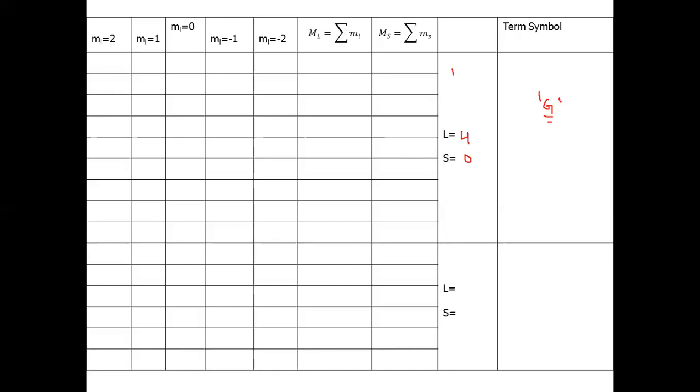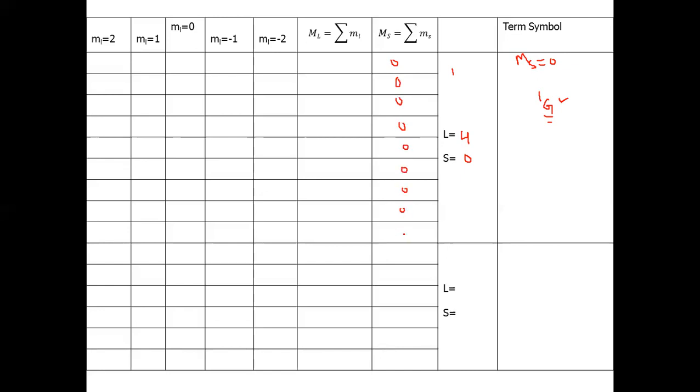So the microstates that will be associated with 1G are 9. Let us try to find what those 9 microstates are. For this, S is 0, so MS will have the value 0. We will write here that for all these 9 microstates, MS has to be 0.